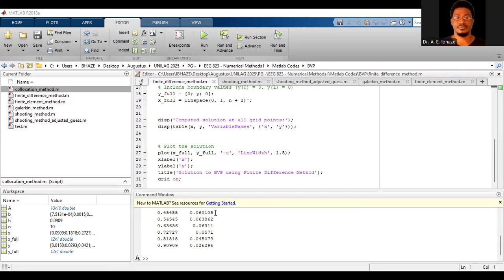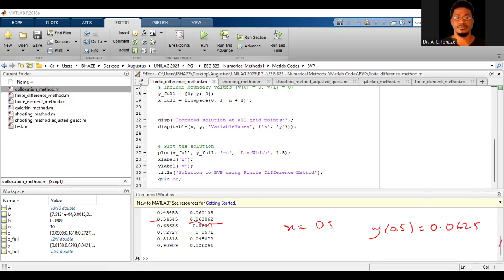Now, from the exact solution, we got at 0.5, y of 0.5 was the same as 0.0625. Now we have 0.54, blah, blah, so approximately 0.06. So that's it.